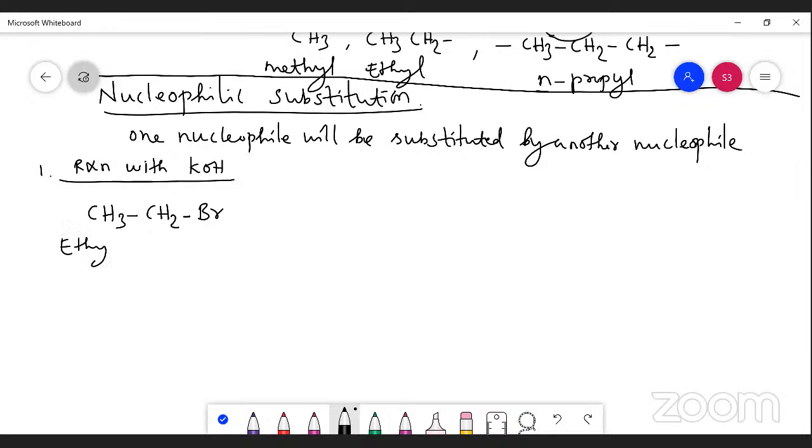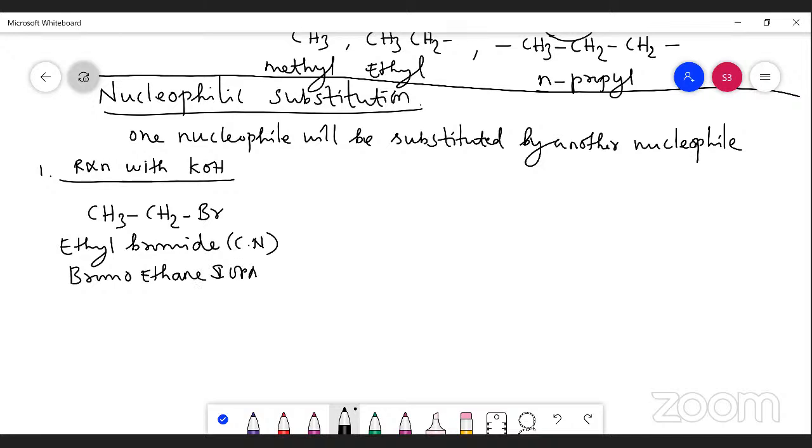Ethyl bromide is the common name, shortly I will write CN for common name. What is the aliphatic name? Bromoethane, because it starts with the halide group first followed by the alkyl group.